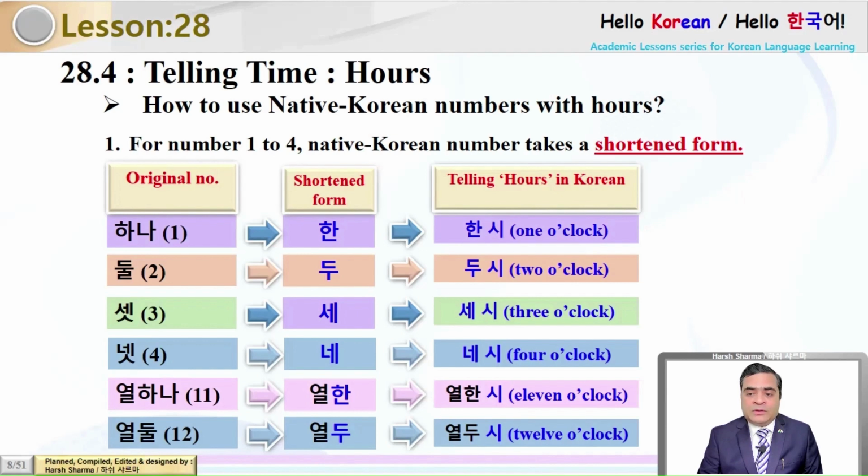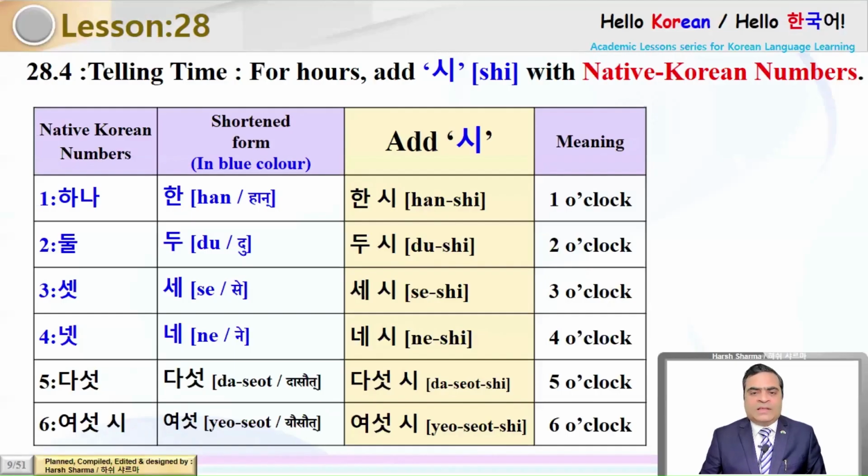Here also we have to use number 1, 하나, so the shortened form rule will be applied. 열하나 will be shortened to 열한. So for 11 o'clock we have to use 열한 시, and in the same way for 12 o'clock, 열두 시. So this shortened number we have to use wherever we are using 1, 2, 3 and 4. Clear, 여러분?